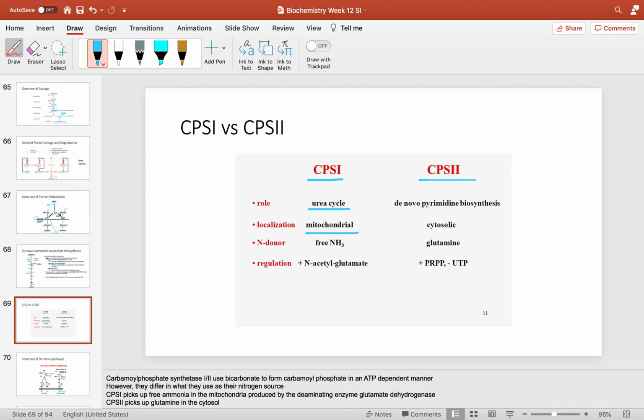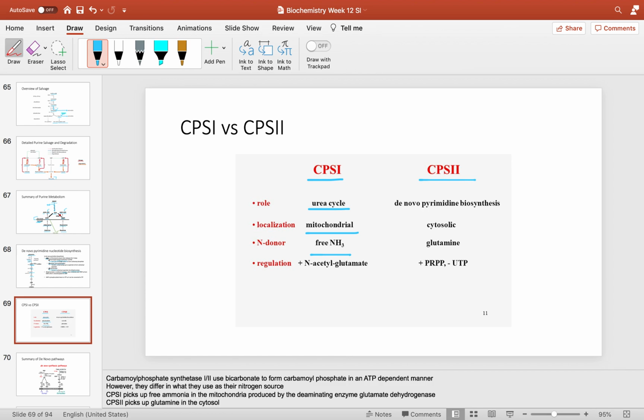So glutamate dehydrogenase would cleave off an amino group from our amino acid, and this would create free ammonia, which is not good for the cell. So something needs to pick that up. So CPS1, carbamoyl phosphate synthetase 1, will pick up free ammonia from the cell and use it to produce carbamoyl phosphate, which can then enter the urea cycle.